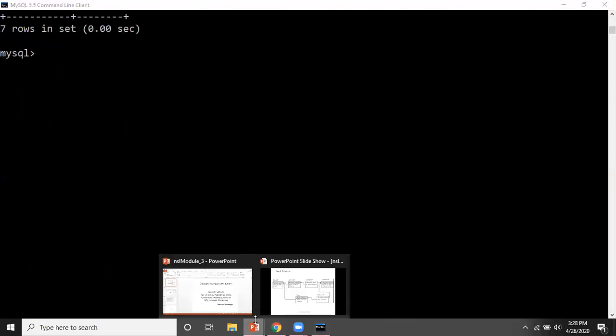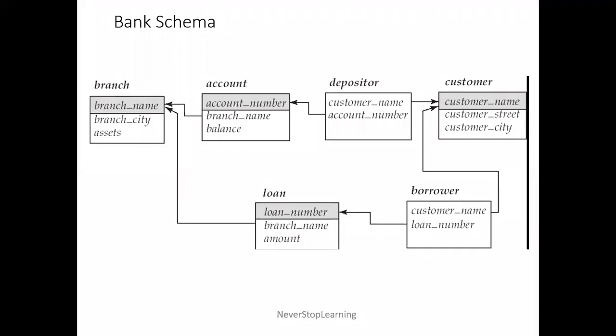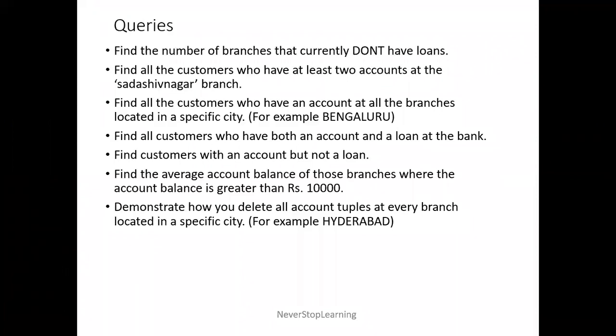Okay, so next, let's see the next query. Find customers with an account but not loan. So now we want those customers who are having account, means their name is present in depositor table, but they are not in which table? In borrower table, right? Find those customers with account but not loan. Okay, no problem, let's do this.